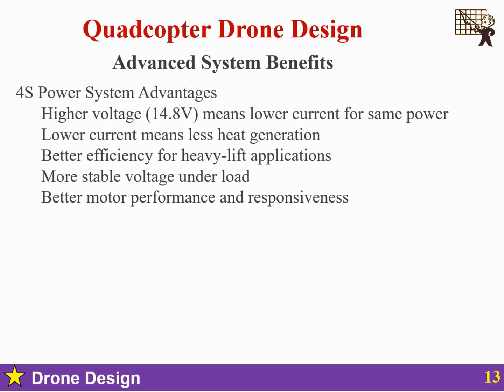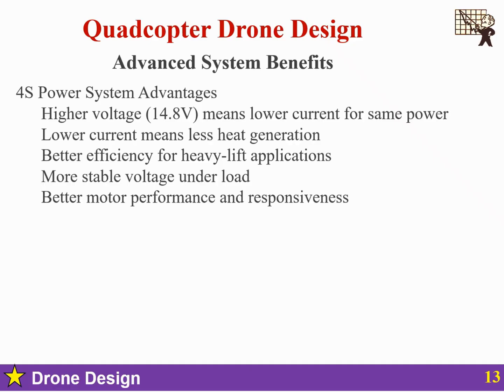Now we go for some advanced system benefits of the 4S power system. The 4S power system selection for the 3 kg drone demonstrates advanced engineering decision making that balances multiple competing factors. The 4S system advantages: higher voltage benefits. The 14.8 V nominal voltage provides significant advantages over 3S systems.